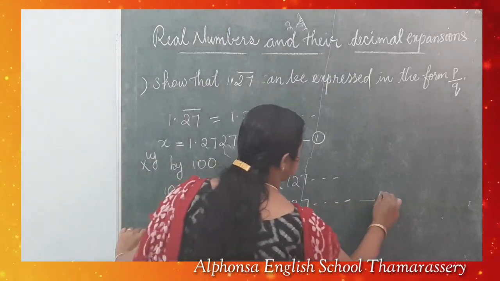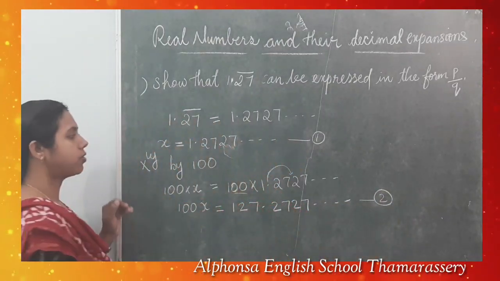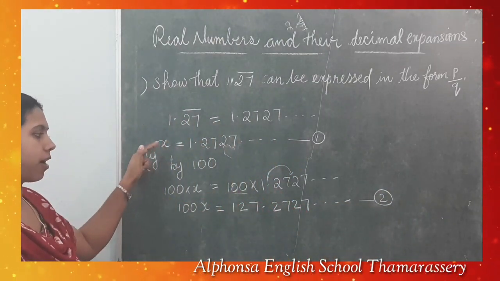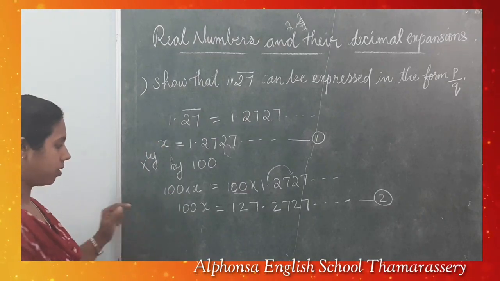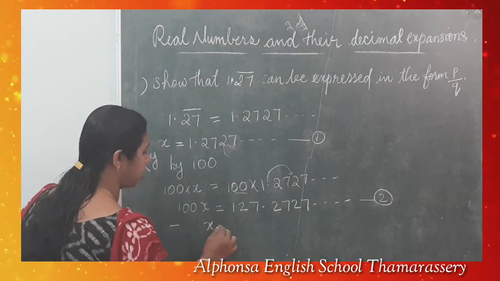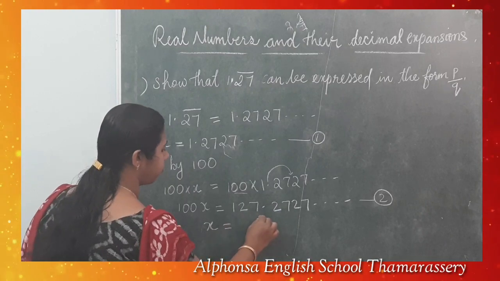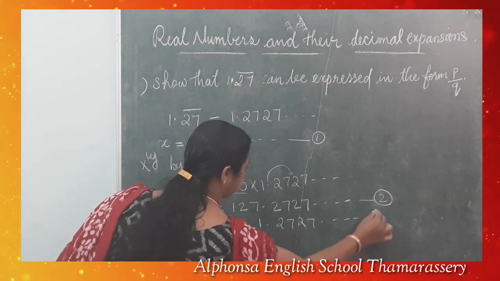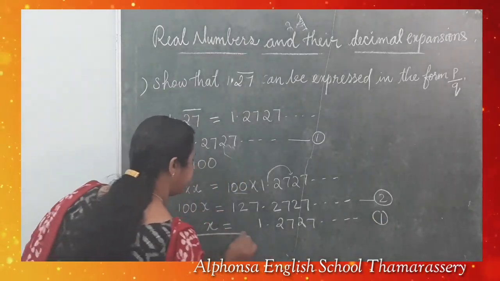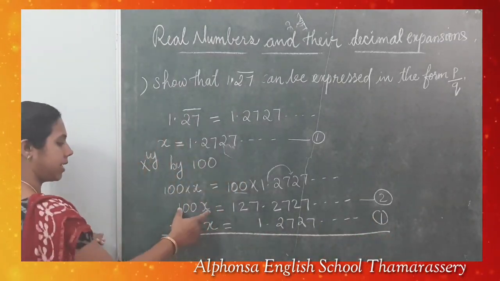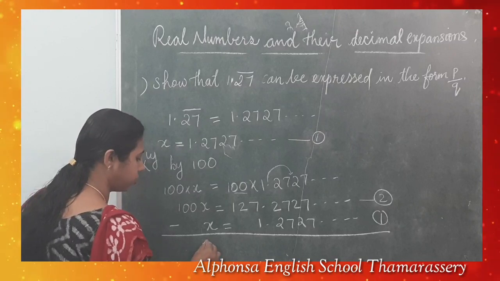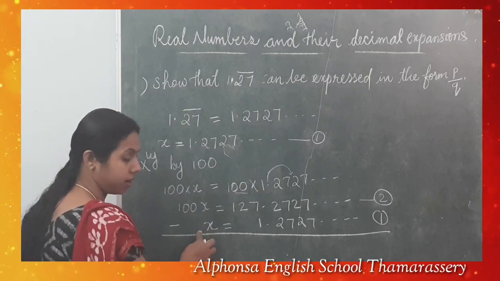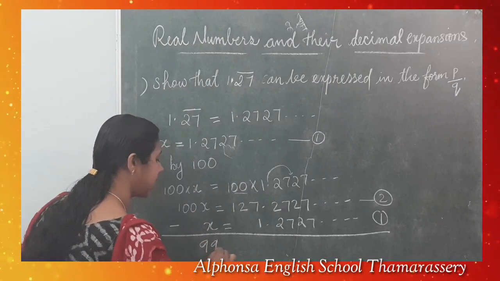Give it as equation 2. Now subtract equation 1 from equation 2. So subtract equation 1, that is 1.2727 etc. When you subtract these, you will get 100x minus x is equal to 100 minus 1, that is equal to 99x.